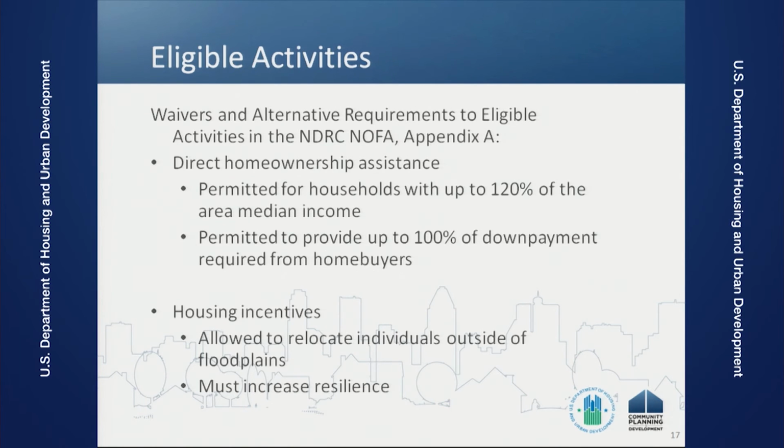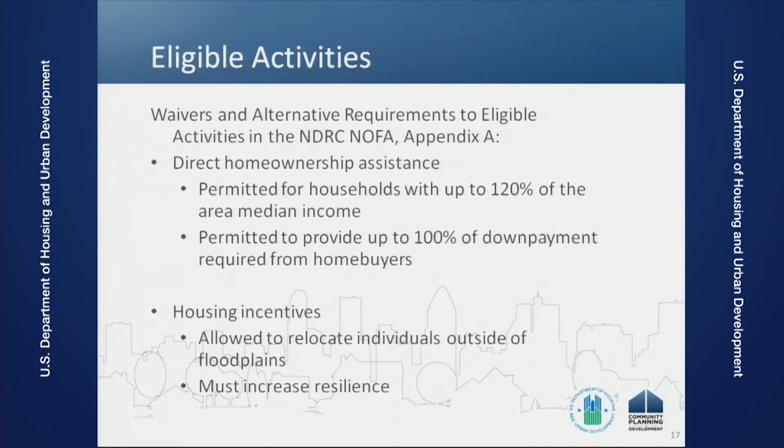Appendix A also permits direct home ownership assistance for households with up to 120% of the area median income as an eligible activity. This is also an expansion of eligible activities generally permitted under the CDBG program.